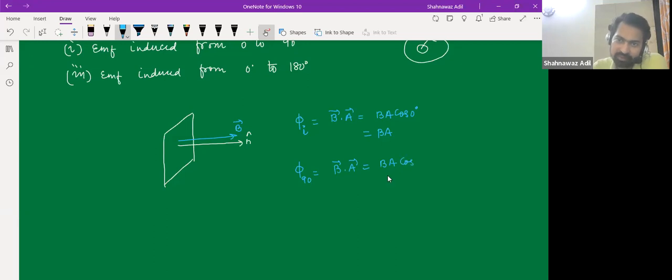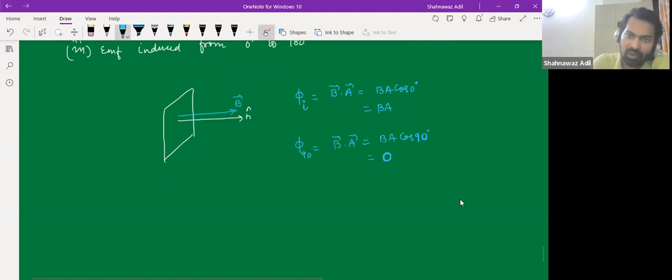What is my angle? Cos 90 is 0. I have rotated it by 90 degrees, so you saw what the angle was. So the total flux is 0. Good.